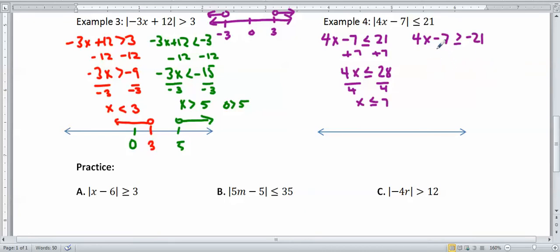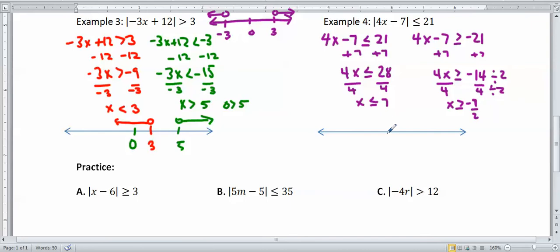Okay, and then for the second one, I add 7 to both sides. 4x is greater than or equal to negative 21 plus 7, which is negative 14. Then divide both sides by 4. X is greater than or equal to, I can reduce this by dividing them both by 2. So I get negative 7 over 2.